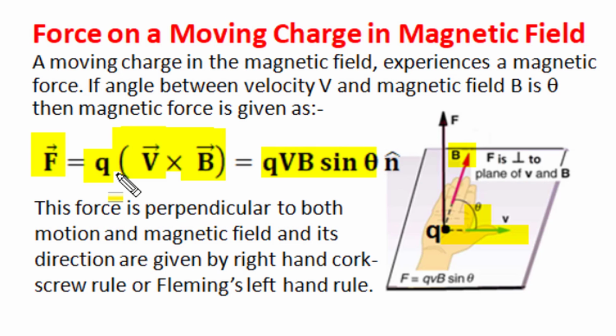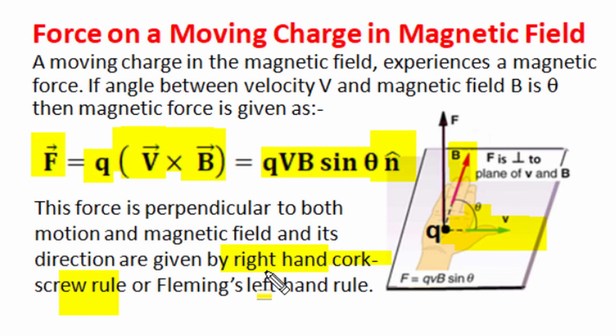The direction of the force vector, as a result of the cross product of velocity vector and magnetic field vector, is given by Maxwell's right-hand corkscrew rule. The direction of the resultant force vector is perpendicular to the common plane of velocity vector and magnetic field vector, and the force is normal to the VB plane.